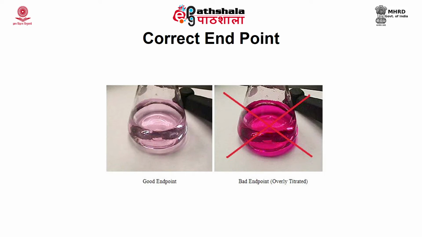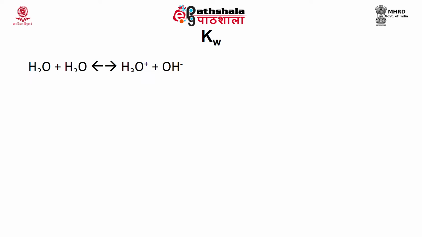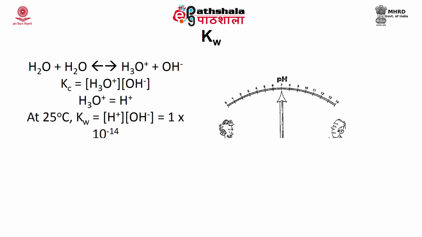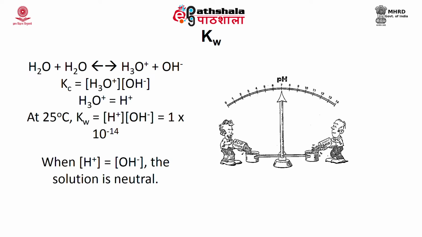They can usually be minimized by choosing the indicator carefully or by making a blank correction. This slide shows the difference between a good endpoint and a bad endpoint, because in the bad endpoint the solution is over-titrated, meaning an extra amount of base has been added to the solution.